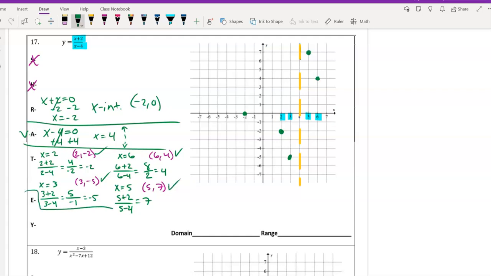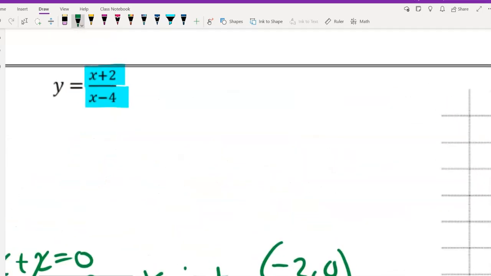Fantastic. Moving along to E. E means end behavior. So we look at our graph and we wonder, is this balanced or is this bottom heavy? Well, if the x in the top and the bottom have the same exponent, which in this case they both have an invisible 1 exponent, that means it is balanced.